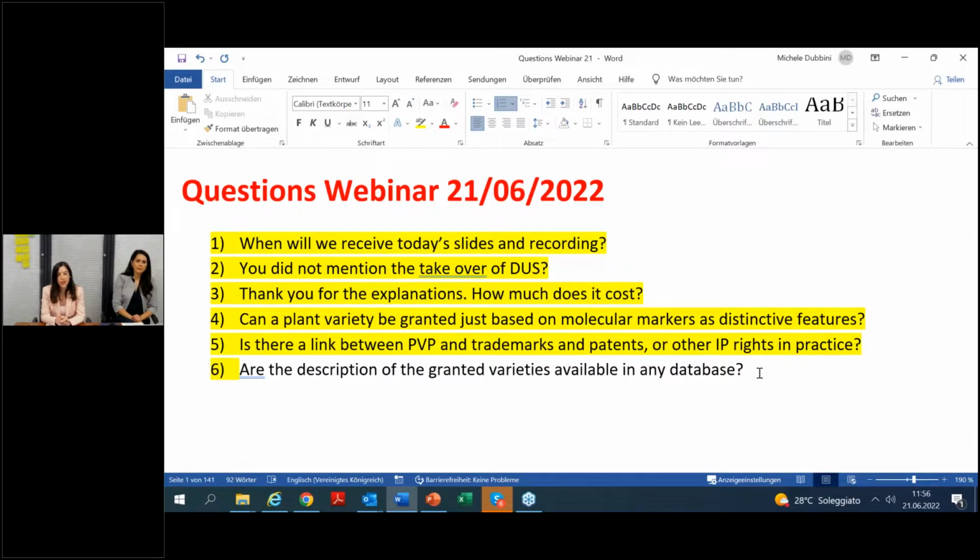And then on the other hand, regarding the interface with trademarks, the relevant interface here is that between the plant variety denomination and the trademark. So these two, the regulatory element, that is the denomination, and the intellectual property right, that is the trademark, can coexist peacefully in the market as long as we can identify the variety by its denomination.